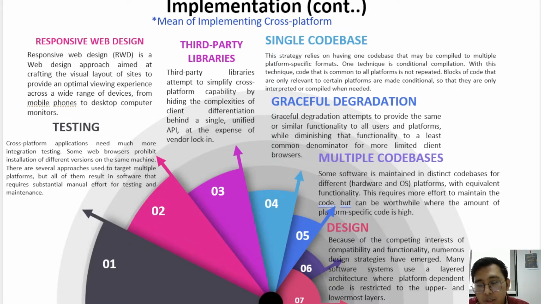We also need to know that in implementing this method, there will be graceful degradation, which attempts to provide the same or similar functionality to all users and platforms, while also diminishing that functionality to a least common denominator for more limited client browsers. It will come with some difficulty as well, but in most cases when this happens, we need to move forward with the manual coding that we need to replace when we go with cross-platform.